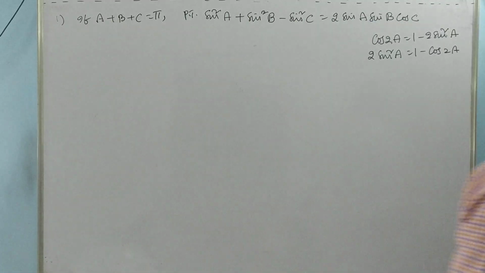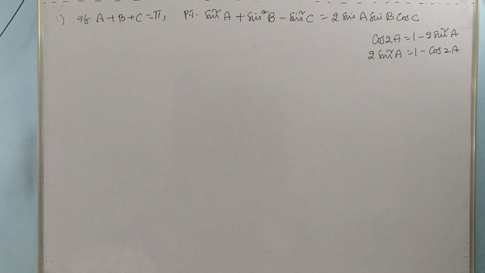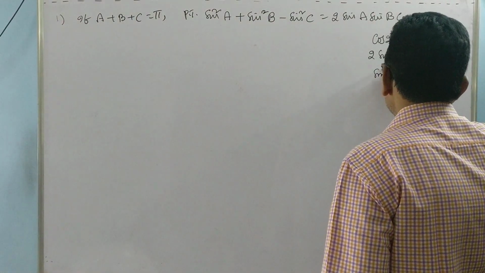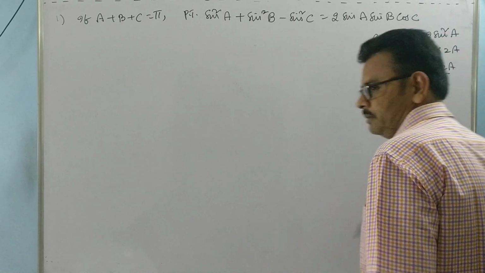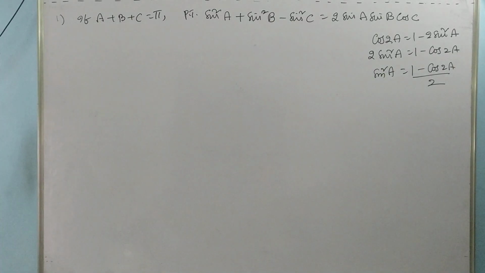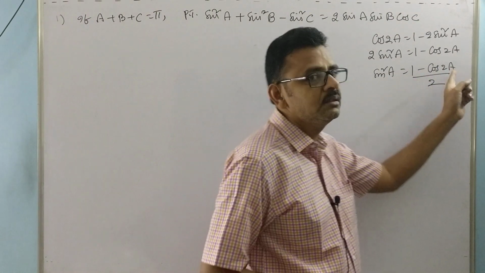So from this one, sin square a is equal to 1 minus cos 2a by 2.